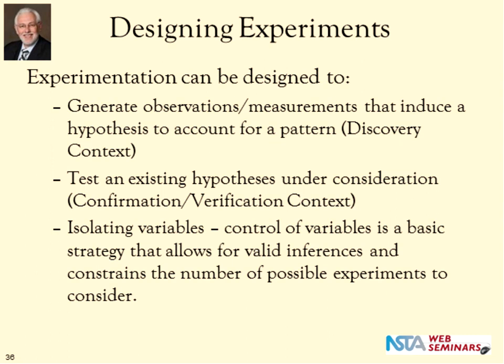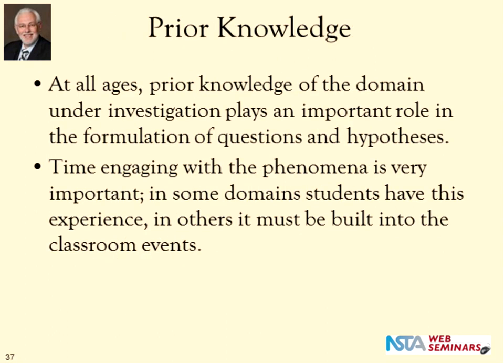One of the things that's helpful about isolating variables is that it serves to constrain the number of possible experiments that need to be considered in conducting these investigations. And that's an important conversation for children to have with themselves and in the classroom.